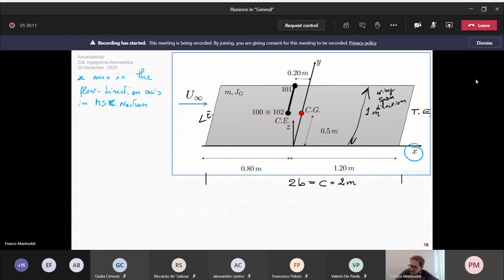Now we want to do this analysis with the identical parameters we used in exercise number 2. In exercise number 2, we have A equal to 3, the mass ratio.